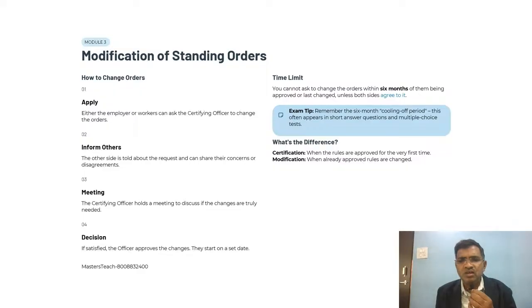This is the difference between certification and modification. Certification means when the rules are approved for the first time by the officer. Modification means when the rules are already made and they get changed.